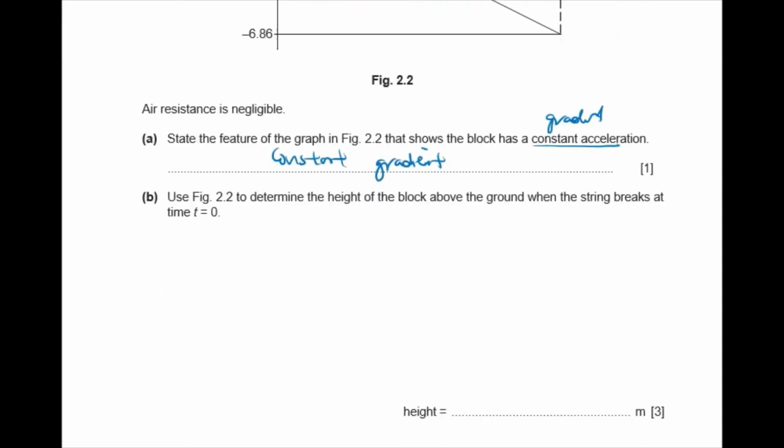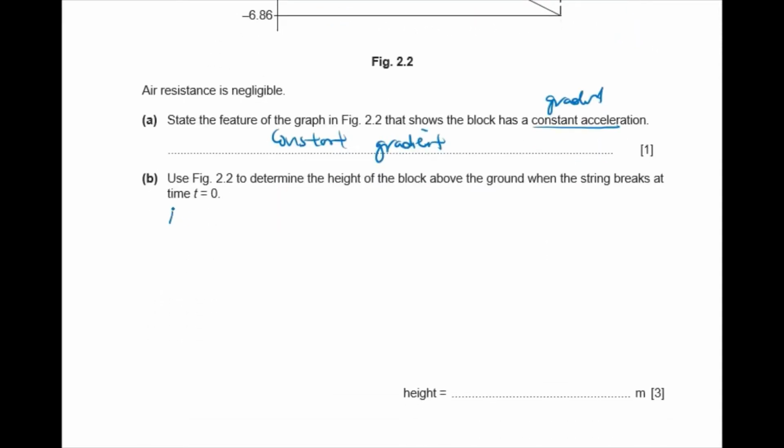Okay. So for area 1, the area under the graph is a triangle. So half times 0.2 times 1.96, so the answer is 0.196 meter.